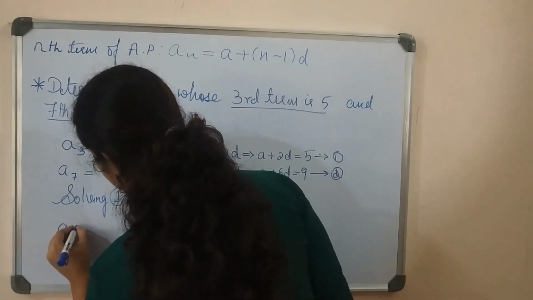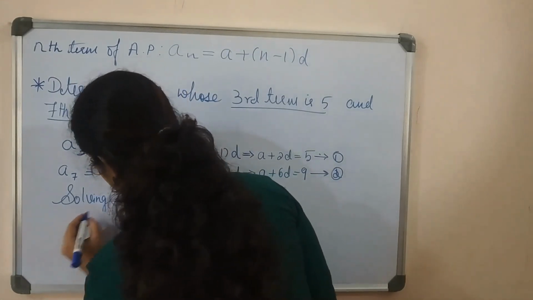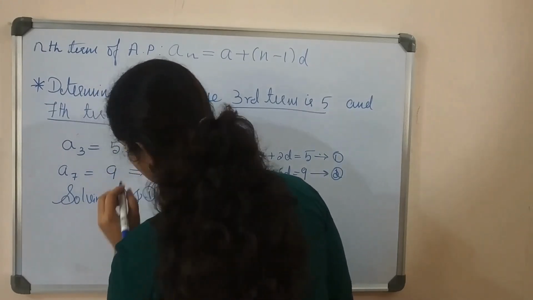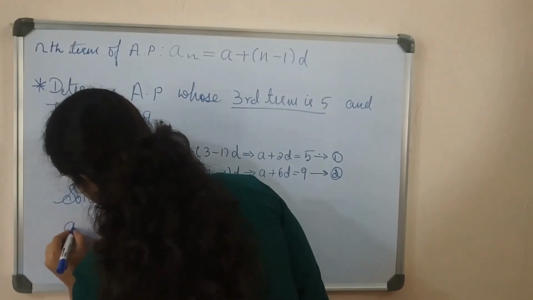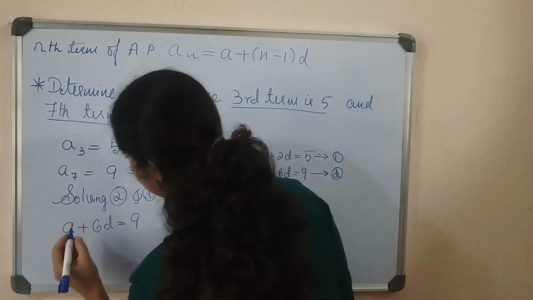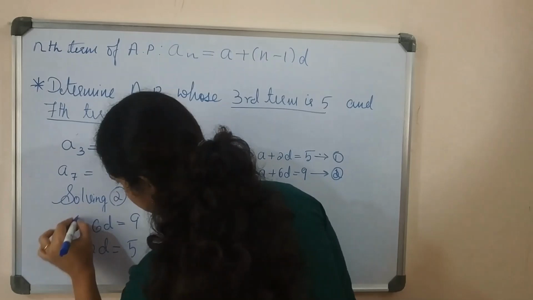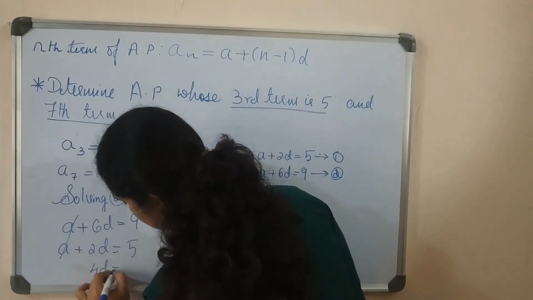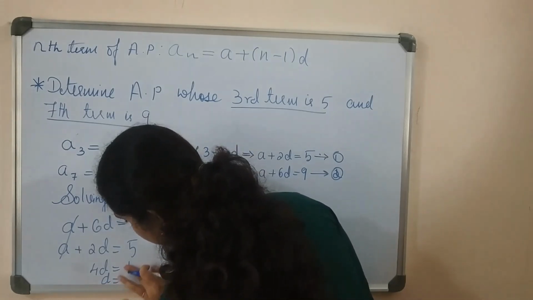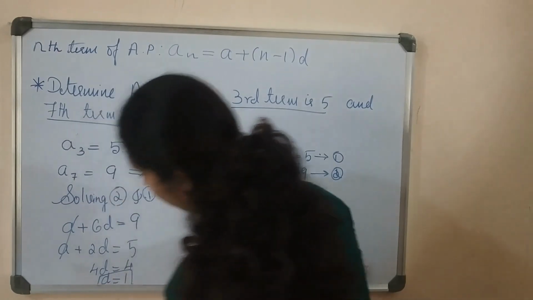Subtracting, A plus 6D is equal to 9 and A plus 2D is equal to 5 give 4D is equal to 4. Therefore, D is equal to 1. Okay, I found the value of D.